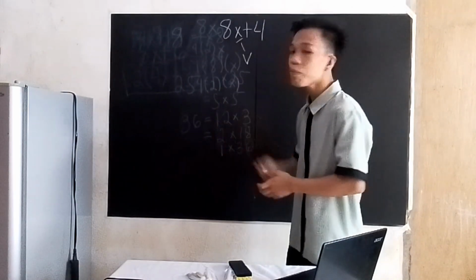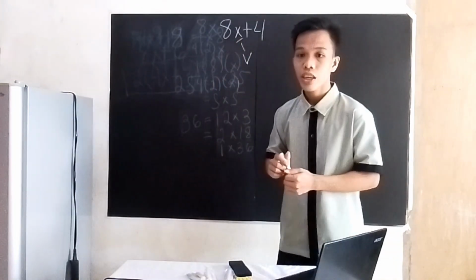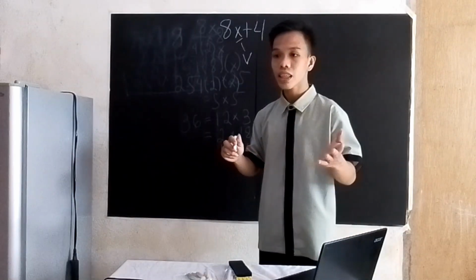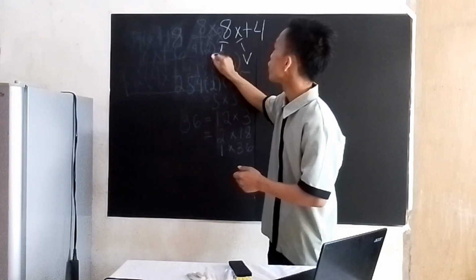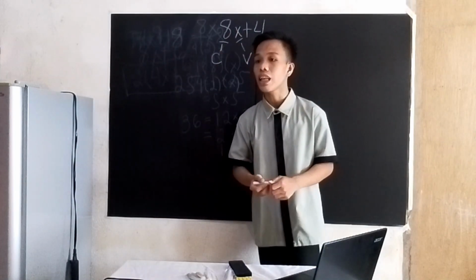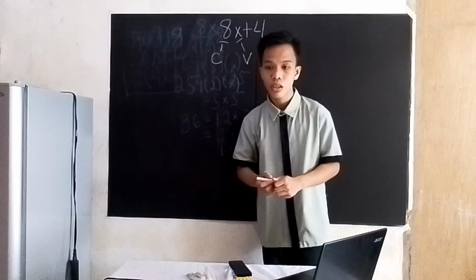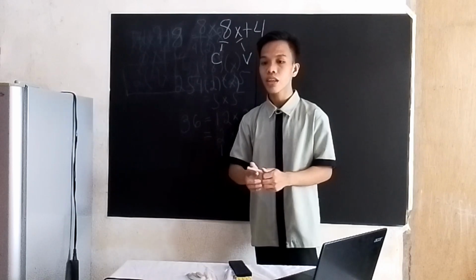The number before the letter is what we call the coefficient. That's right. And a number without a letter is what we call, yes, Daniel?